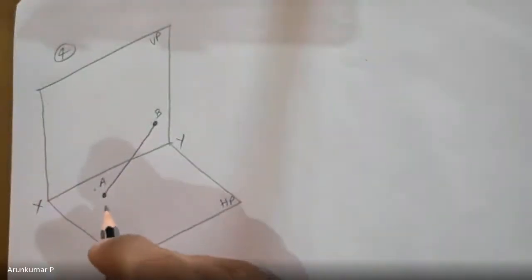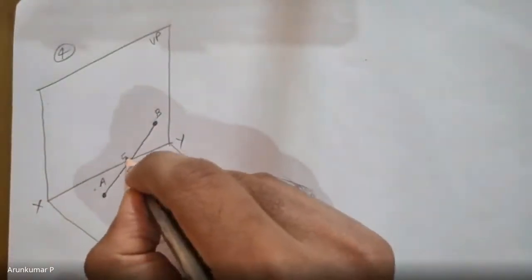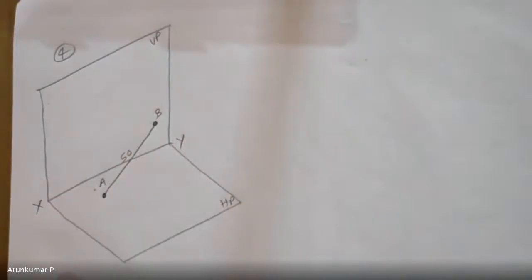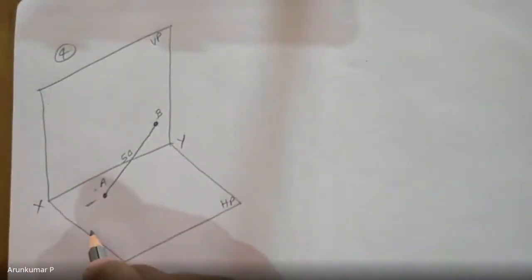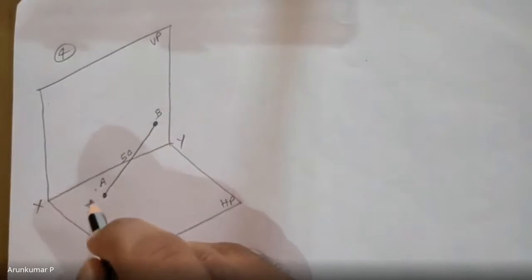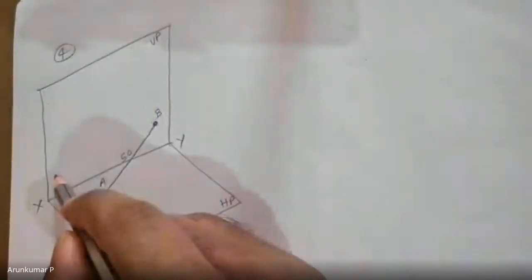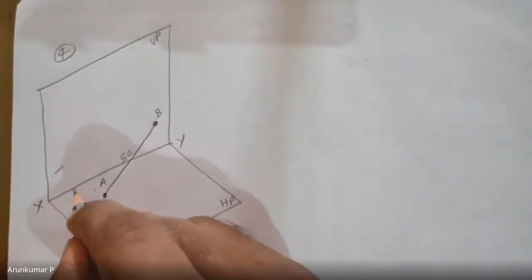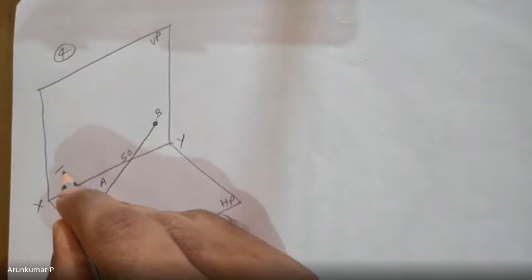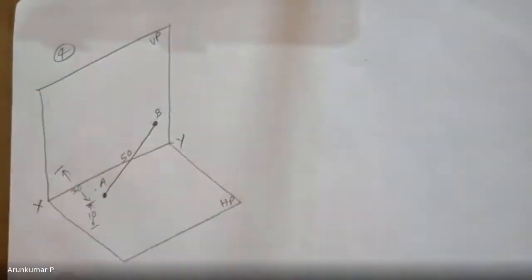So this line AB is of length 50 mm, you can say. It is at a distance of maybe 10 mm above HP. That is, end A is 10 mm above HP, and end A is around 30 mm in front of VP. Okay.